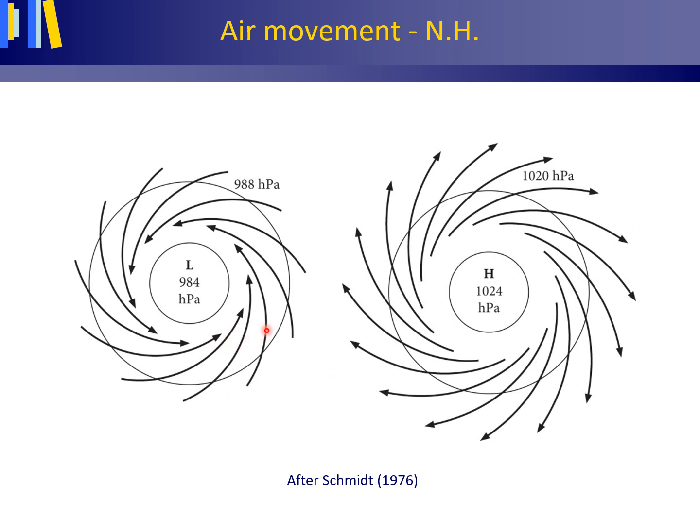So on the northern hemisphere, we get an anti-clockwise movement around low pressure areas and a clockwise movement at the Earth's surface around high pressure areas. And of course, in the southern hemisphere, this is the other way around. Clockwise around low pressure areas and anti-clockwise around high pressure areas.